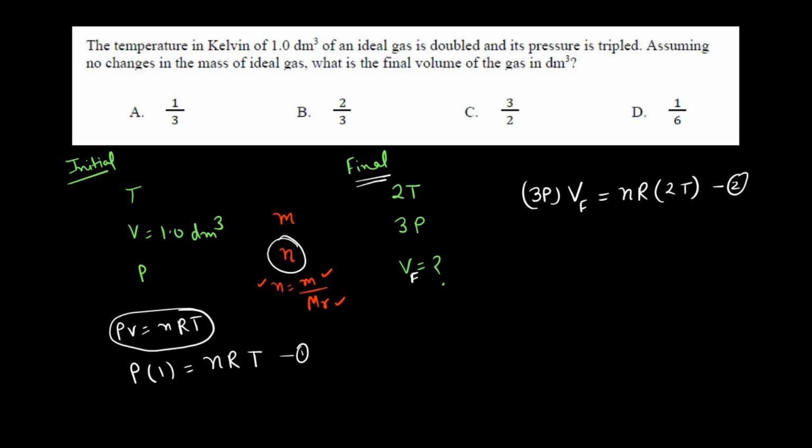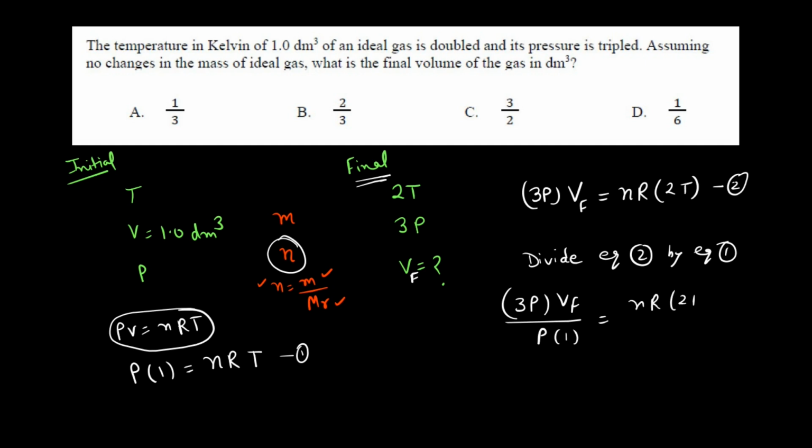So what will I do? I divide equation 2 by equation 1. So 3P times VF divided by P times 1 equals nR times 2T divided by nRT.